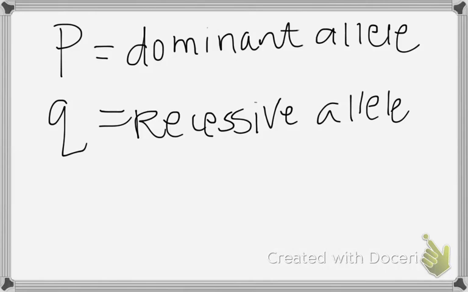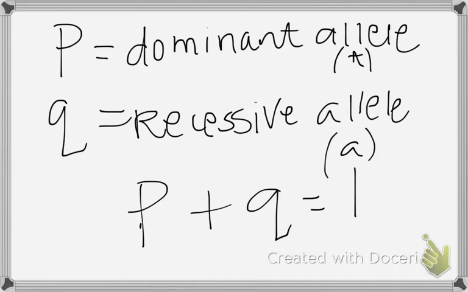From now on, P is capital A and Q is lowercase a. If you add up all the P's and all the Q's, that's going to be 100%. All the dominant alleles plus all the recessive alleles is 100% of all the alleles. Not a very impressive equation.